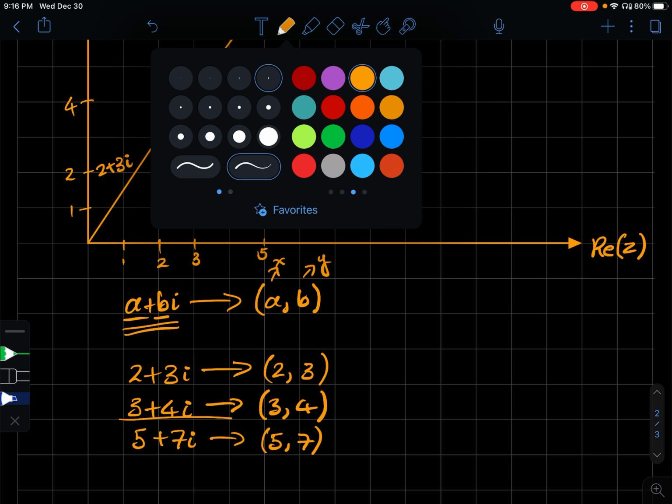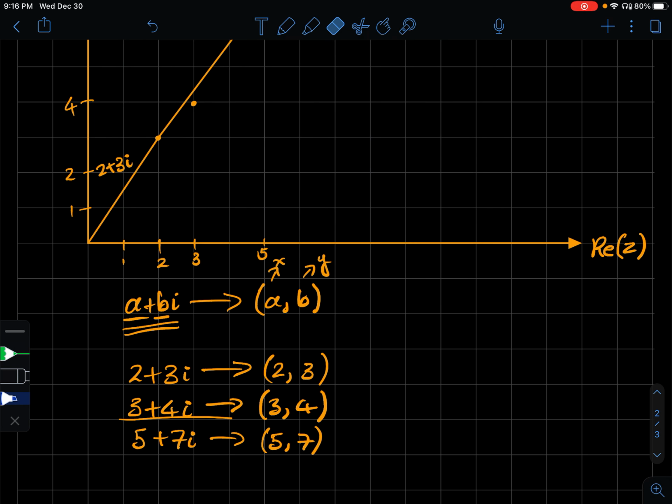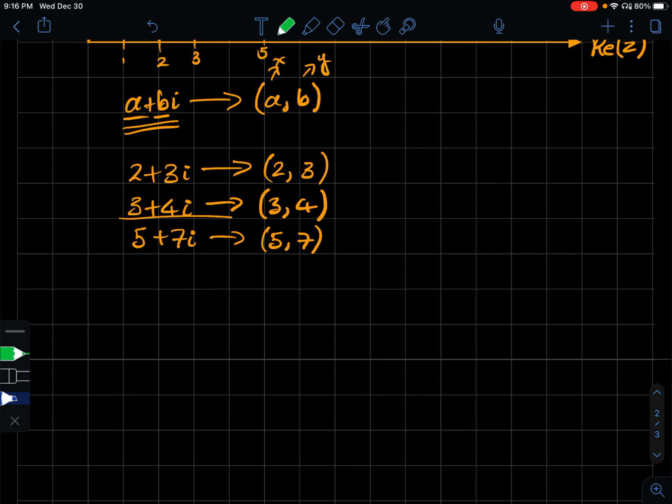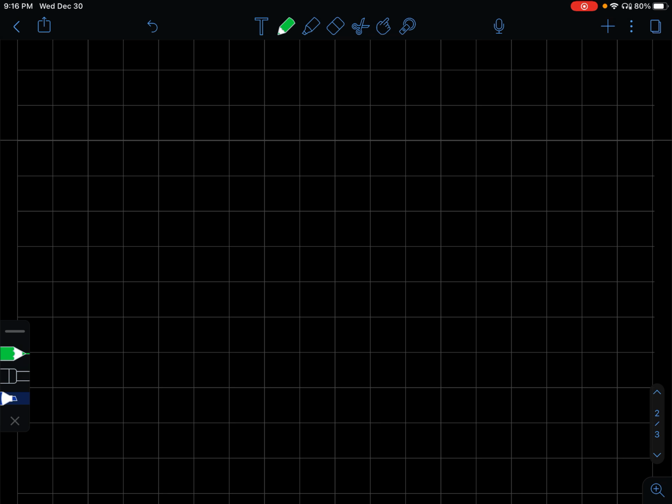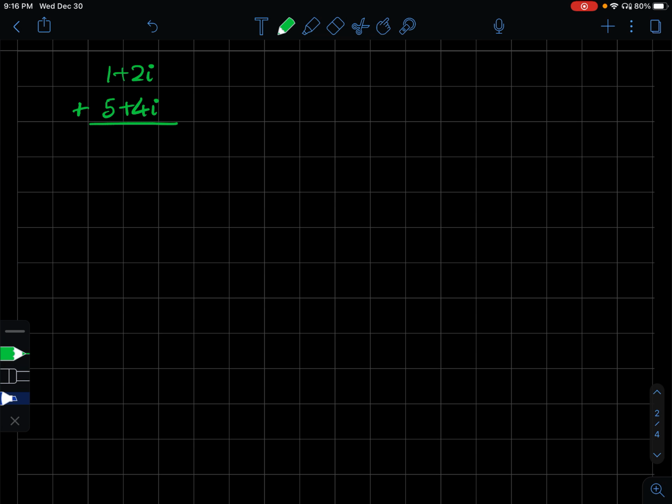So let me switch colors. Right. So now let's say we have the complex number 1 plus 2i, and we want to add to that 5 plus 4i. What's this going to give us? Well, we add up the real and imaginary parts to get 6 plus 6i.